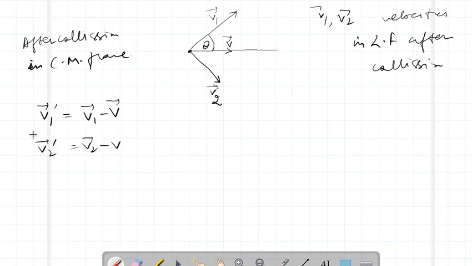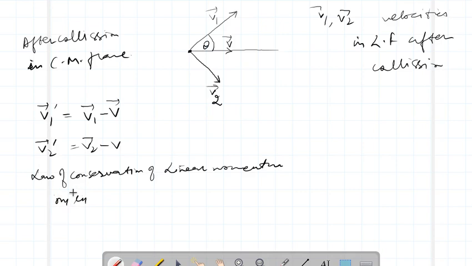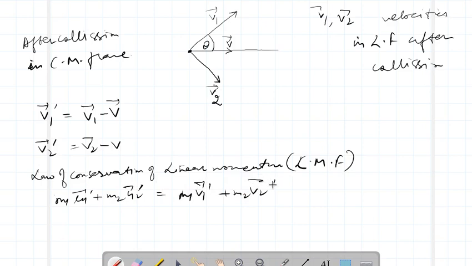Now, according to the law of conservation of linear momentum, m1 u1' plus m2 u2', because I am applying this law in the center of mass frame, is equal to m1 v1' plus m2 v2'.